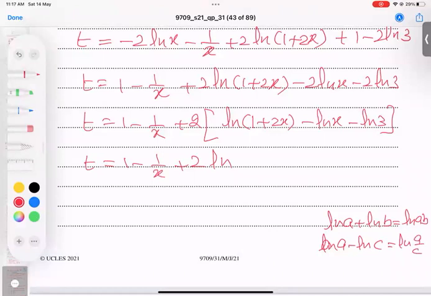Short story, plus I'll keep it up, negative, negative will go down. I mean to say 1 plus 2x comes in the numerator. This x and 3 will go in the denominator and multiply. So this is possibly the simplest form I can have.